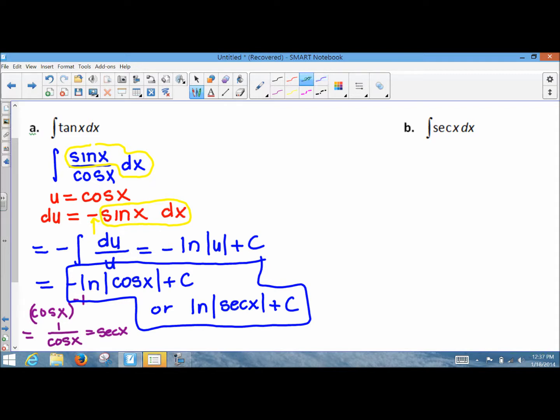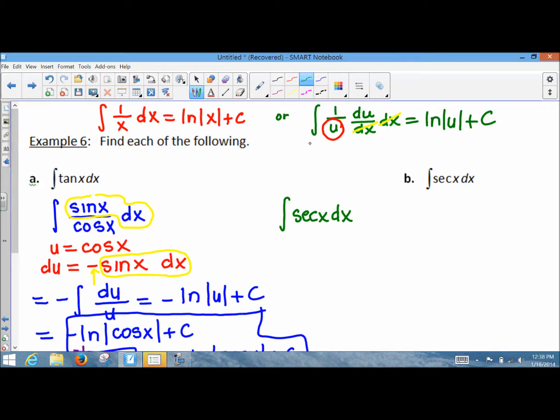Now, if you're going to work on the integration of secant of x analytically, it's a little bit weirder. Because if you were to rewrite secant of x as 1 over cosine, it's true. That's exactly what the secant of x is. But 1 over cosine just won't set you up for a very useful application of this guy up here.